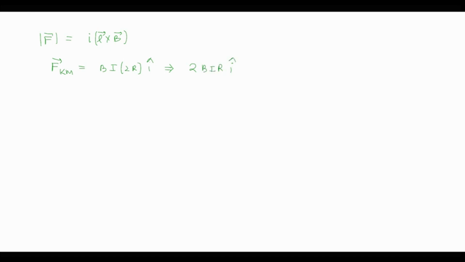The force acting on the loops KLM and KNM is going to be the same. Therefore the total force acting on the loop will be the sum of the forces, since both forces are the same. We just double the value to obtain the net force as 4 times BIR in the i cap direction.